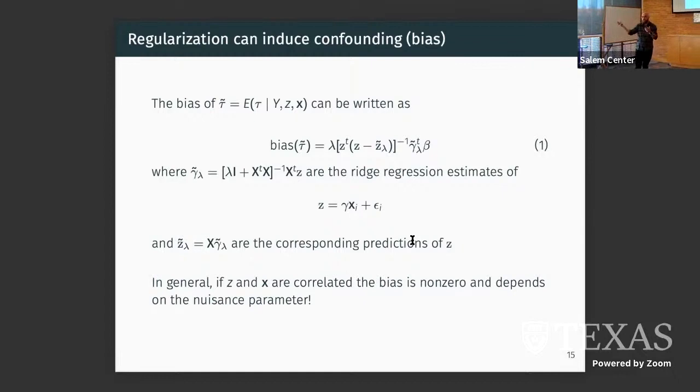We don't know the sign. We don't know the magnitude. We don't know the bias that we're imposing on our estimates of the treatment effects unless we know something about the true beta. So of course we don't, right? So that prior distribution, that regularization we apply on beta, is going to induce bias on our estimate of the treatment effect, the thing that we actually care about, of unknown magnitude and direction.